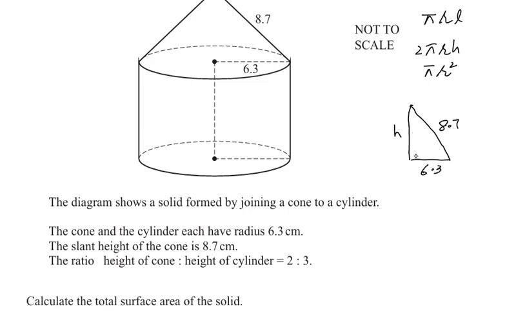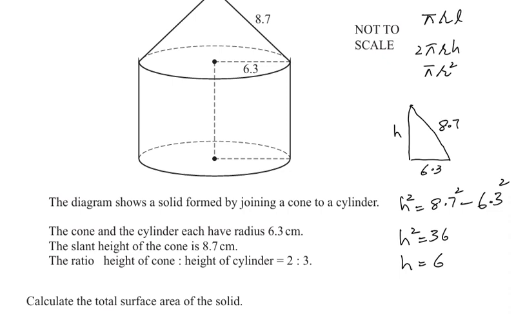It is evident from this shape that we have to use the Pythagoras theorem, and by putting the values we obtain h square equals 8.7 square minus 6.3 square. Using these values in the calculator gives us h square equal to 36 and h equal to 6.